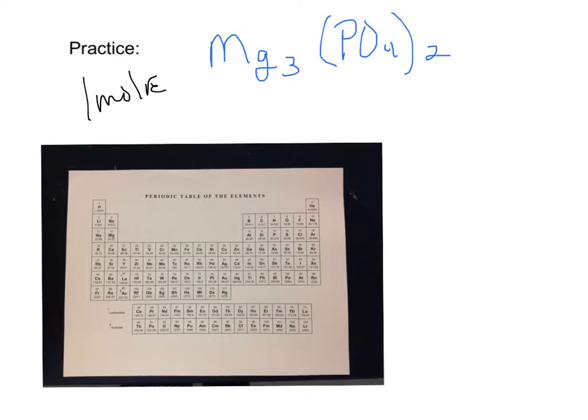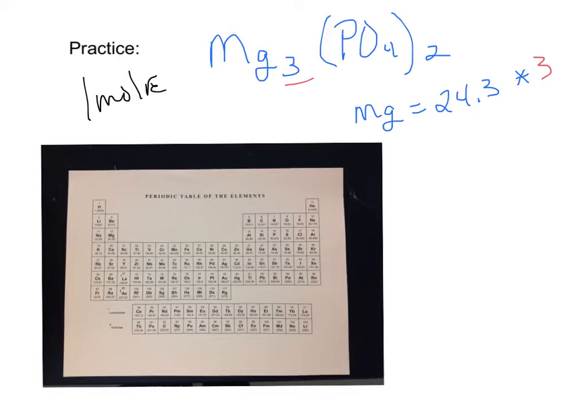Now you should have been able to say, okay, I've got magnesium, and by looking at the periodic table I can see that it weighs 24.3 grams per mole, and according to my formula I have 3 of them.